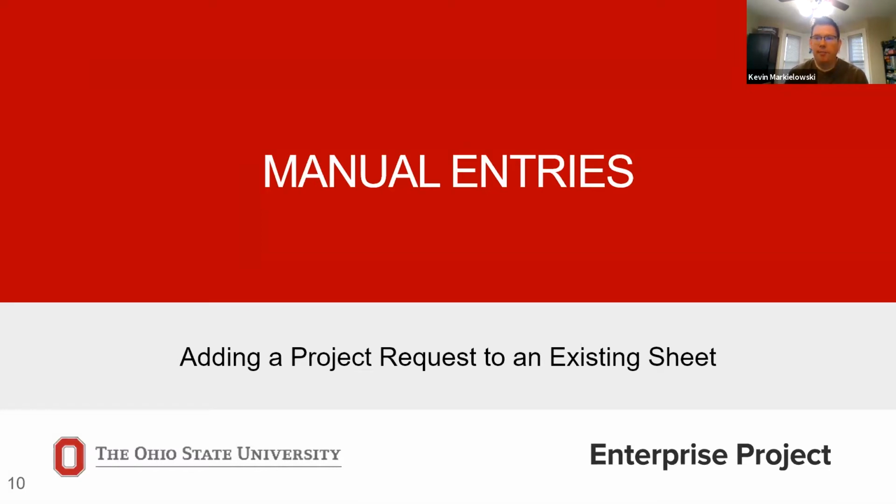But we'll be focusing today on manual entries. If you'd like to know about that spreadsheet upload, reach out to me. I'm already working with a couple of other units on getting that done for their capital projects that they need to re-enter. So don't hesitate to reach out.